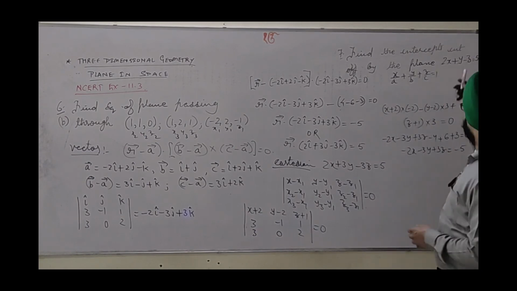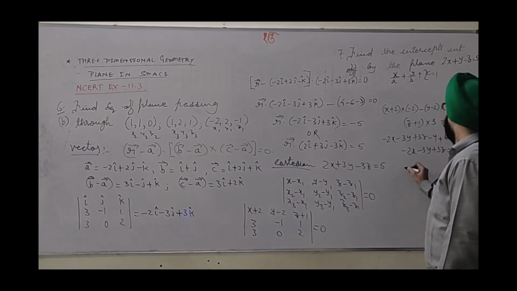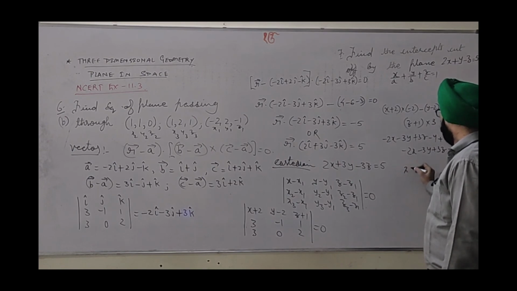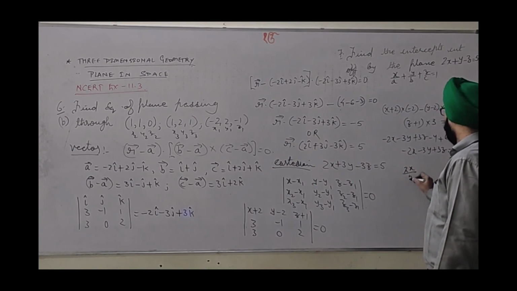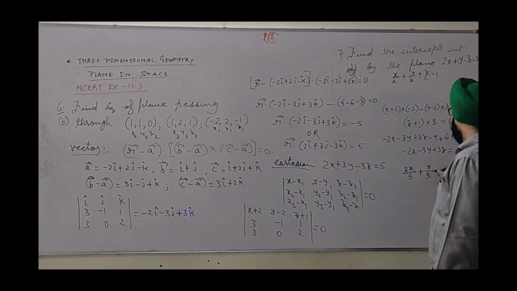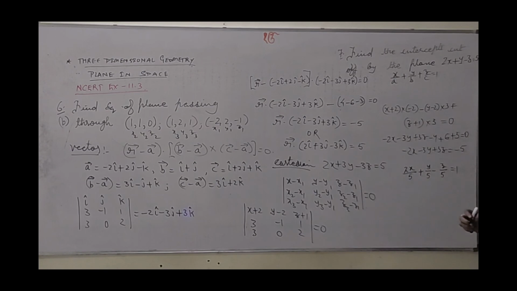So we get in this 2x upon 5 plus y upon 5 minus z upon 5 equal to 1. Important thing: x, y, z, all three should be written with plus sign and also coefficient 1.